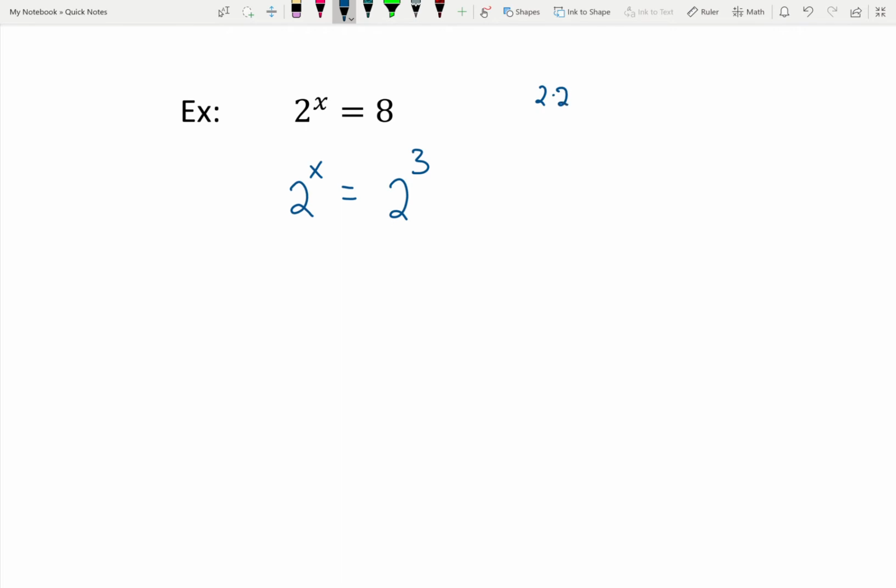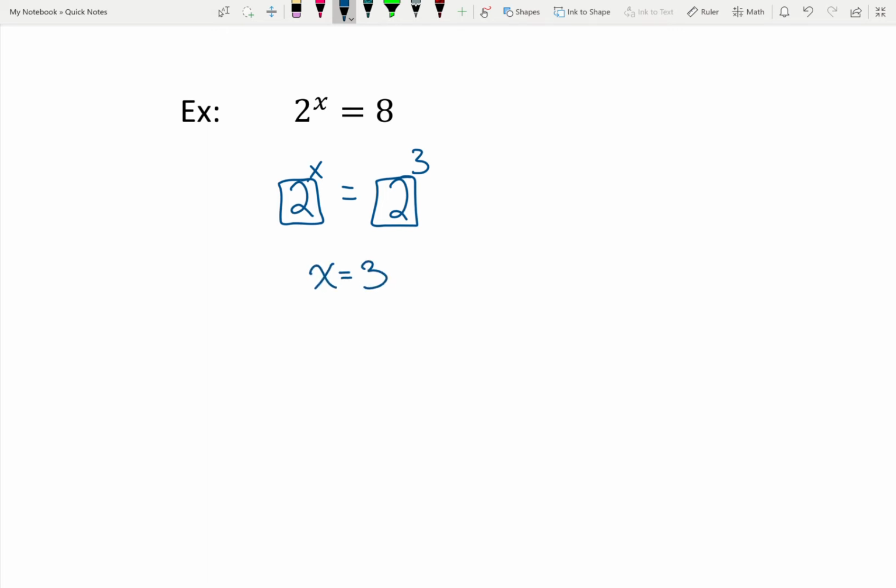Because 2 times 2 times 2 equals 8. So on the left-hand side I have 2 to the x, and on the right-hand side I have 2 to the 3rd. Because these bases are the same, they're both 2, I can just equate their exponents. So that means x equals 3.